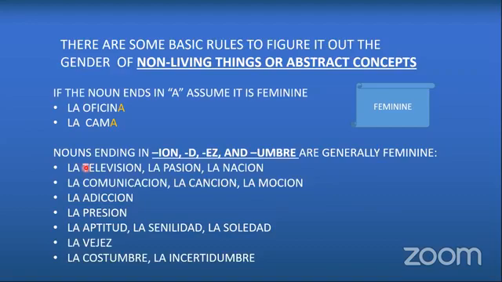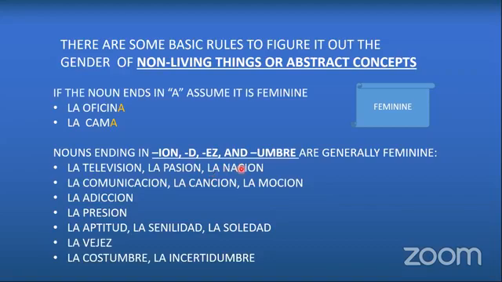Let's see some examples here. La televisión. You see the ending here, ion, has to be feminine, grammatically speaking. The passion, la pasión, the ending in ion has to be feminine, hence the article is la.